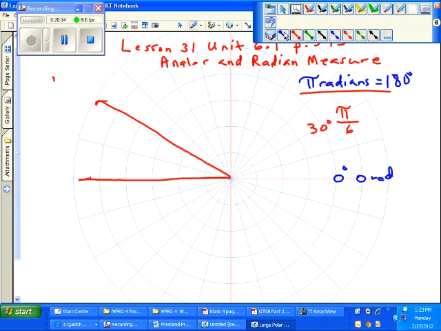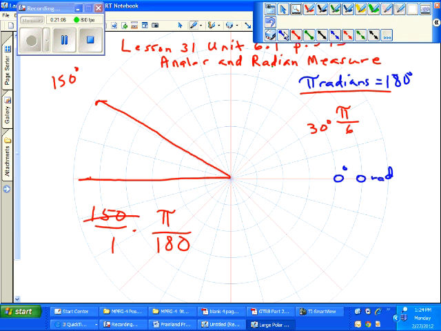How many degrees would that angle be? 150 degrees. So 150 degrees in quadrant 2 has a reference angle of 30 degrees. That was in quadrant 1. So they have the same sine value, even the same sign of sine, because sine's positive in quadrant 2. But let's just convert that. Let's look what happens when you convert it. 150 over 1 times pi over 180.